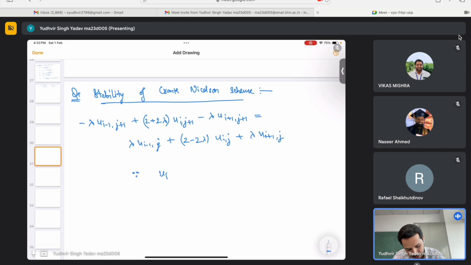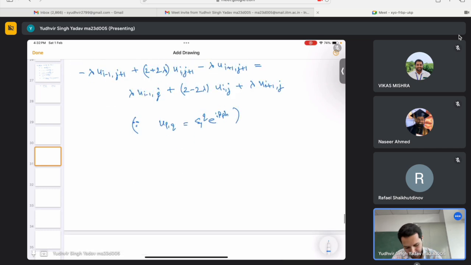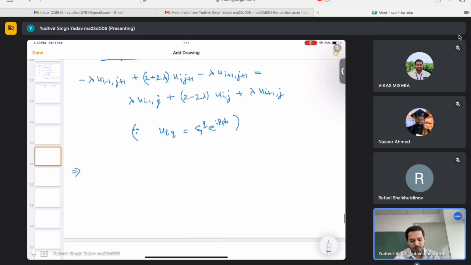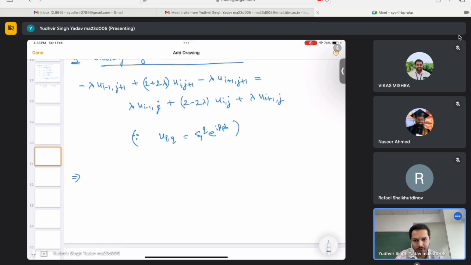Again, we will substitute a solution of the form u(p, q) = ξ^q e^(iβph). We will see after substituting it whether it is stable or not.